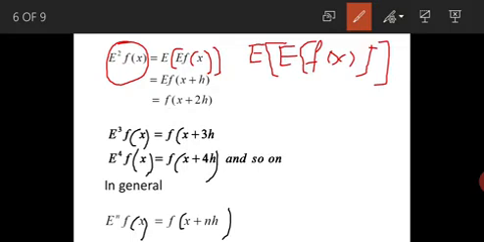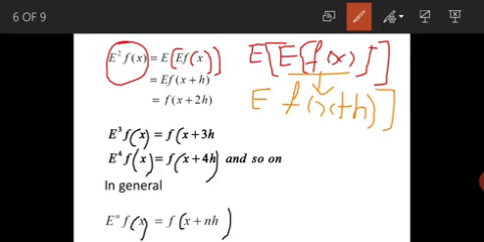Now I will apply the definition for the inner E of f of x and keep the outside E as it is. As we have read in the last PPT, E of f of x can be written as the next forward point, that is f of x plus h. This is what the definition says. Now it is again E of f of x.